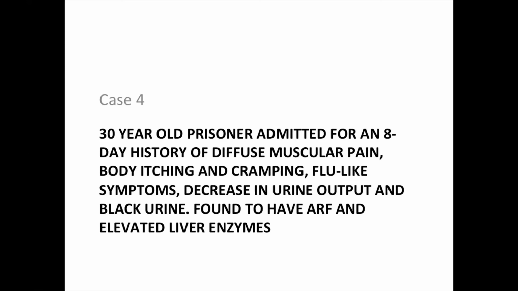The prisoner maybe went on strike, maybe the heat in his cell, maybe he doesn't drink water, and he developed body itching, cramping and flu-like symptoms. He developed oliguria, a decrease in urine output, and black urine. And then they found out that he had acute renal failure and elevated liver enzymes.